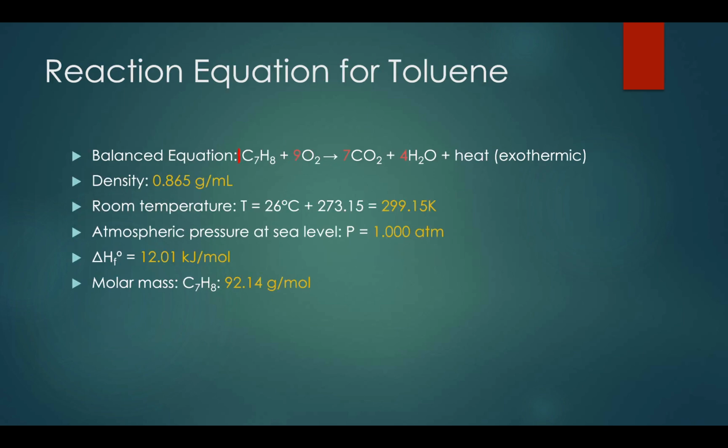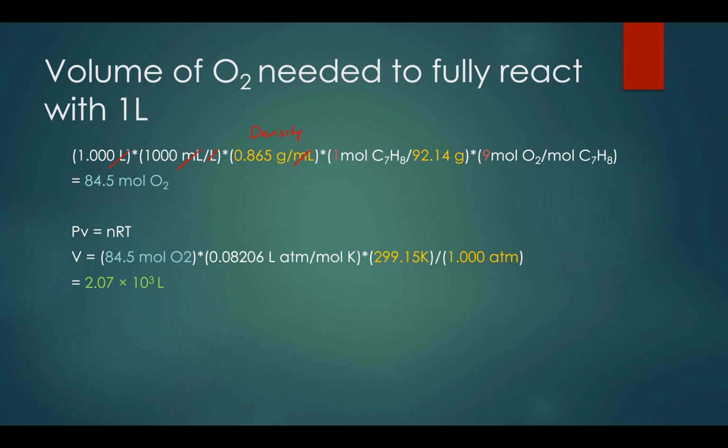So 1 mole of toluene divided by the molar mass. And here, grams cancel. Multiplied by 9 moles of O2 divided by toluene, which is C7H8 and C7H8, which gives us moles of O2. And when we do this calculation, we get 84.5 moles of O2.